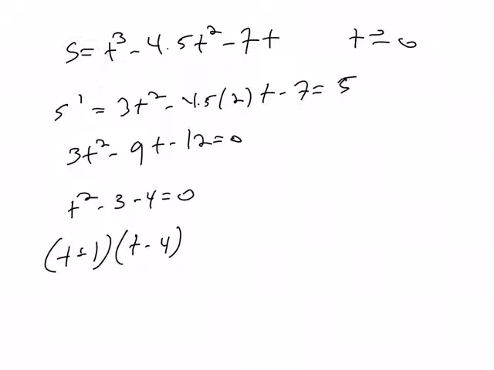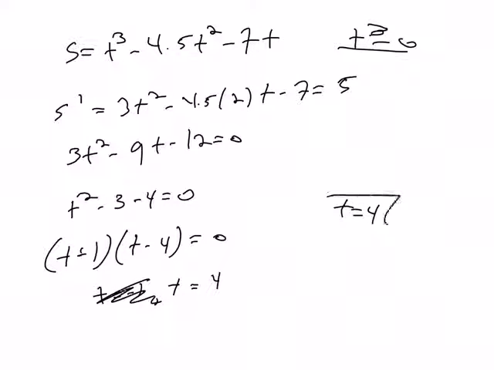They multiply to negative 4, they add to negative 3. So t equals negative 1 or t is equal to 4, but it's only for t greater than or equal to 0, so negative 1 doesn't count. So at t equals 4, we reach a velocity of 5.